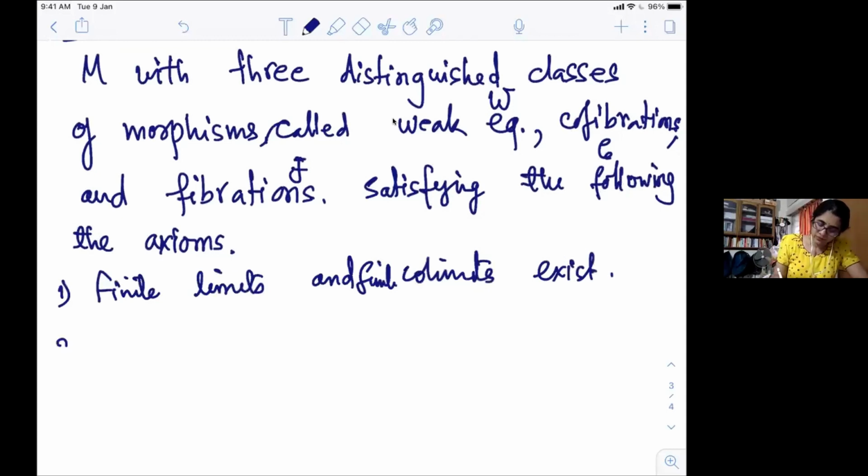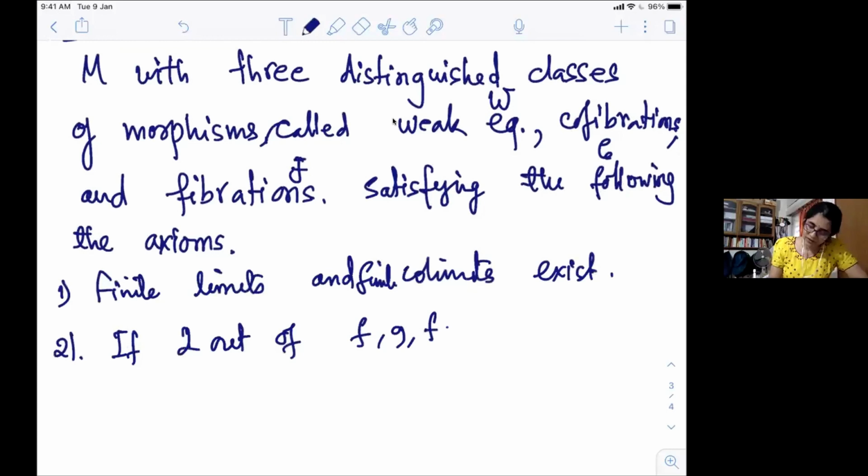The important thing is that if two out of f, g, and fg, which are compositions of morphisms, belong to the weak equivalences, then this will imply the third one belongs to W also.